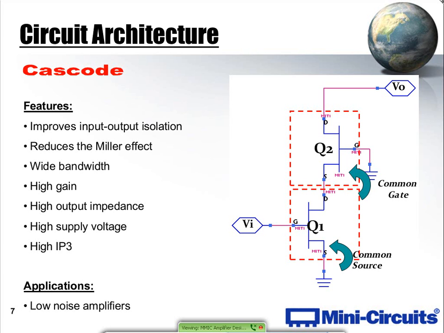You reduce the intrinsic Miller capacitance in the structure, and you can get very high frequency designs. We make a lot of use of this. If you look at our PMA series, it makes extensive use of this circuit, and we're able to make high gain, low noise amplifiers over very broad frequency ranges.